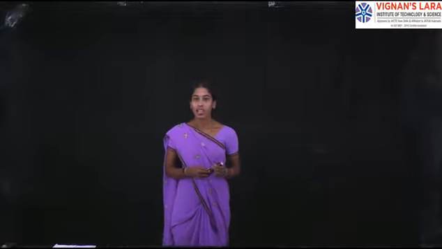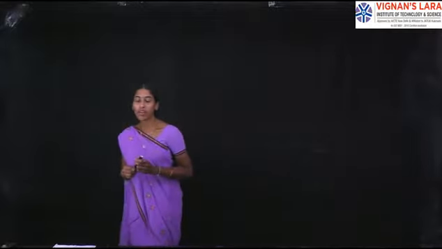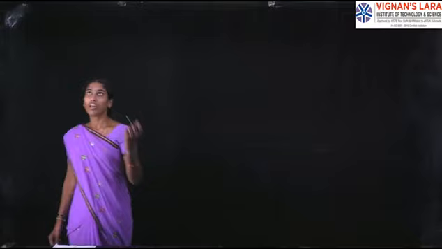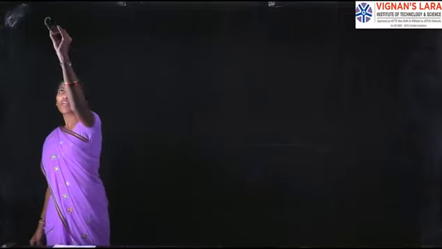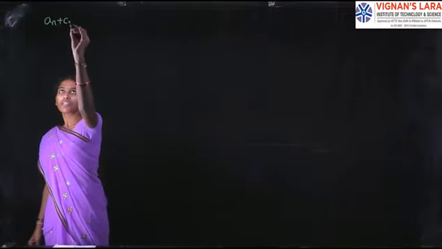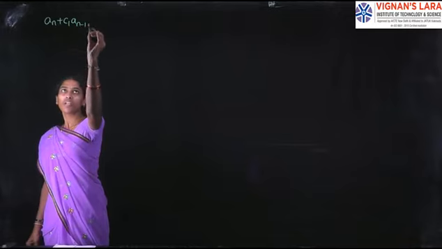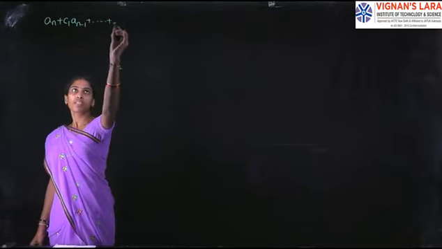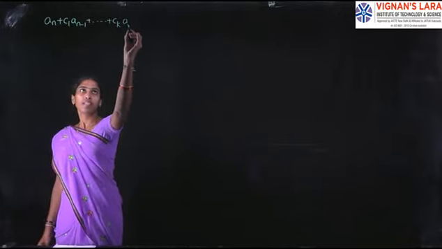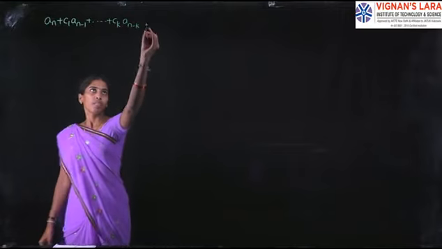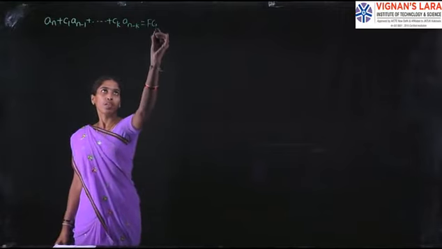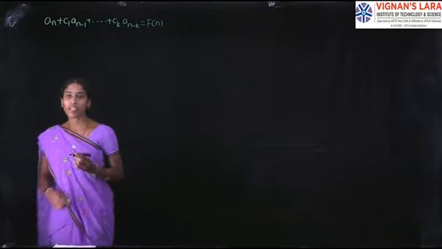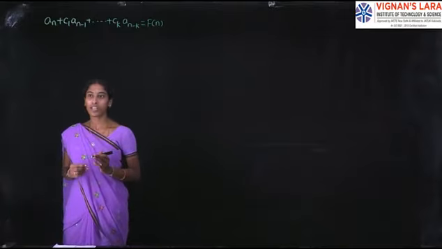In the last class, we have seen the definition of recurrence relation. A recurrence relation is of the form a_n + c1 a_(n-1) + and so on + ck a_(n-k) = f(n).